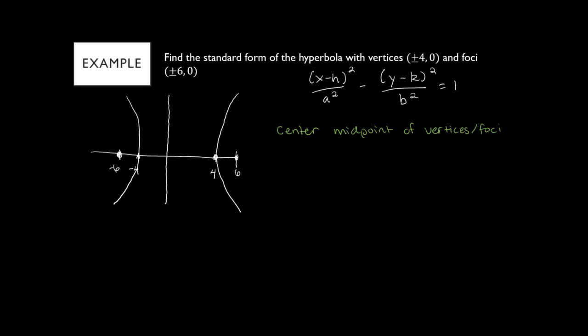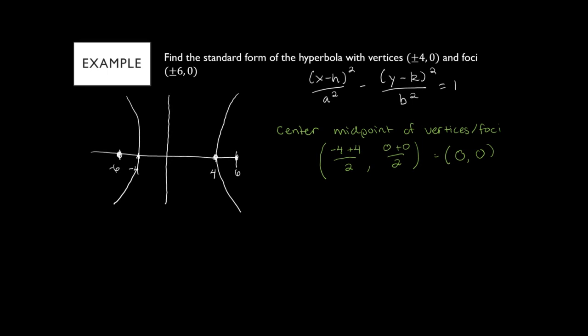If we use the vertices, our center is going to be at -4 plus 4 divided by 2, and then the y values are 0 plus 0 divided by 2. So our center is going to be at 0, 0, which you can figure out just by looking at those values.